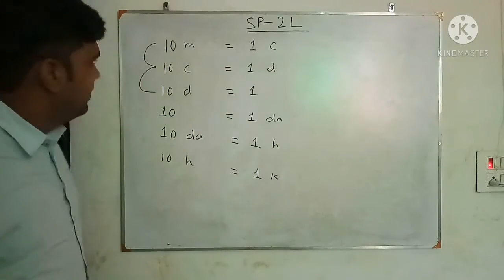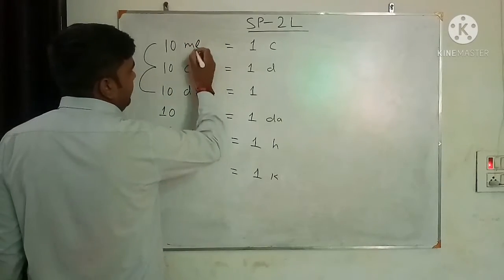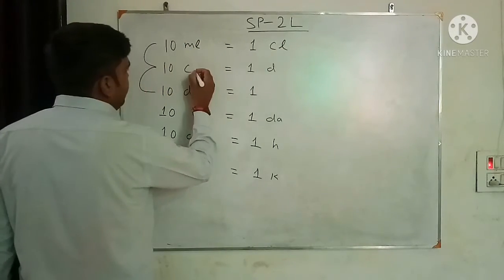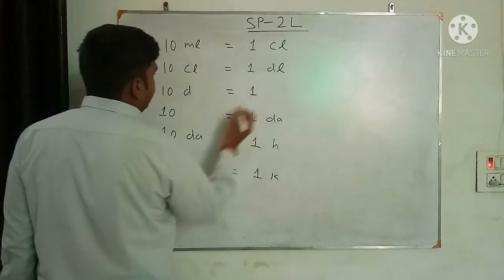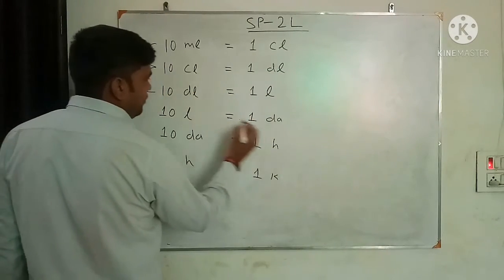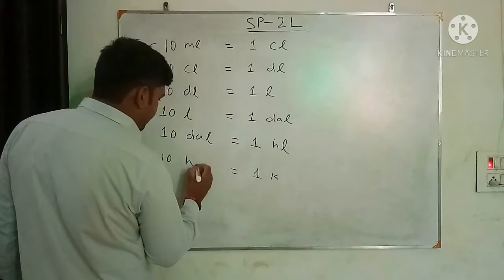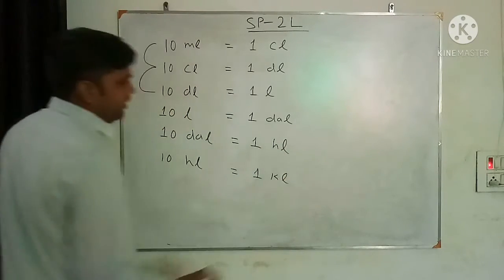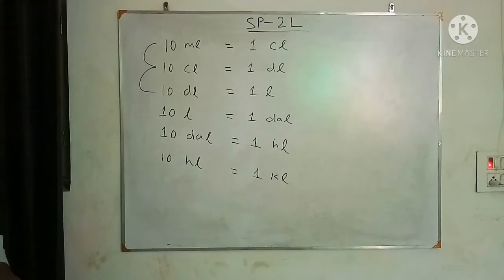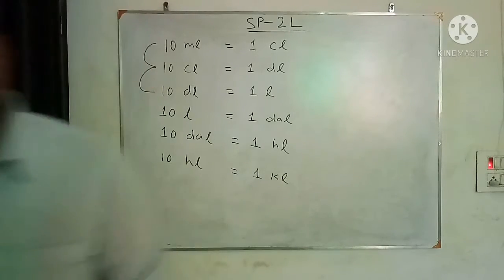Now see, 10 milliliter, ml, equals 1 centiliter. 10 centiliter equals 1 deciliter, 10 deciliter equals 1 liter, 10 liter equals 1 decaliter, 10 decaliter equals 1 hectoliter, 10 hectoliter equals 1 kiloliter. Like this, small l we put. Okay, now we come to the exercise.